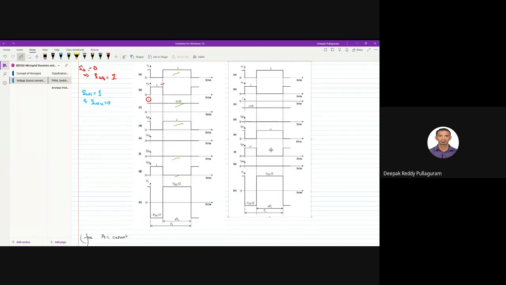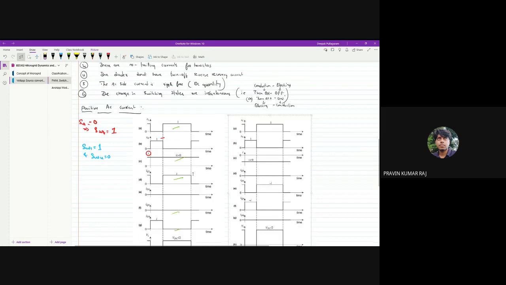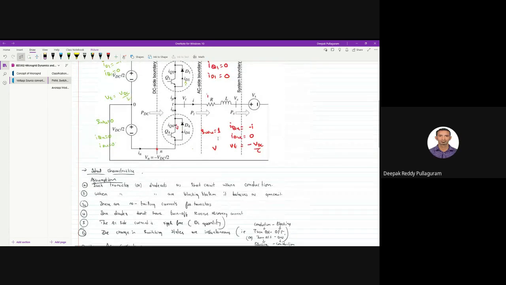Now we will understand how the power is transferred. Shall we do that? Yes, sir. For a positive current, how is the power transferred? From the DC side to the AC side. So how do we represent it mathematically?